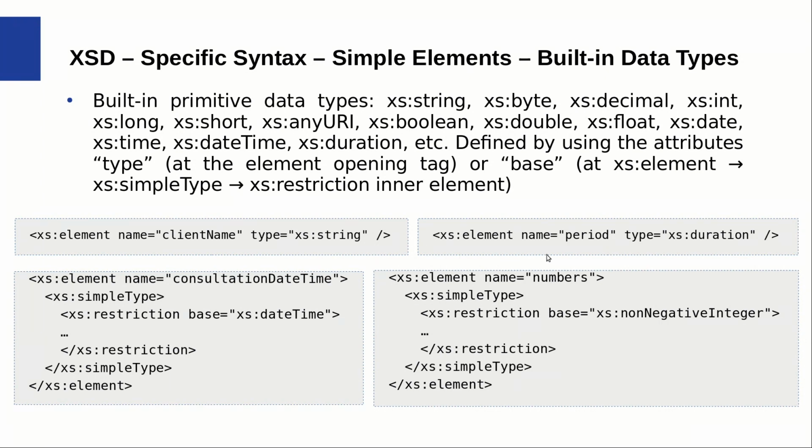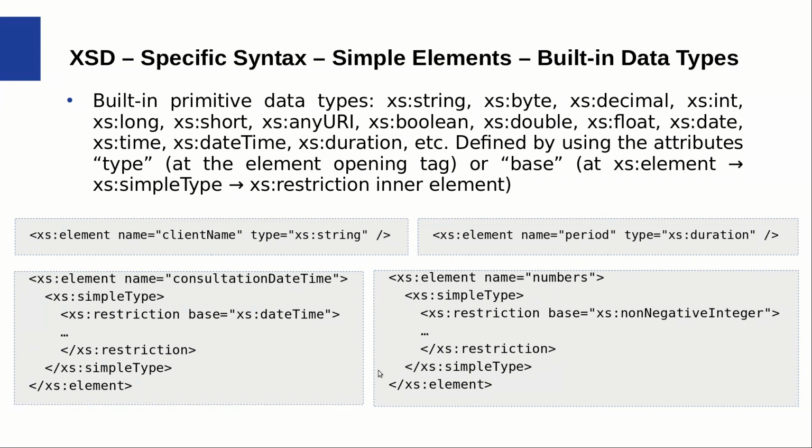In this next example, on the right side, we are declaring also in the simple inline form an element named period of the type xs:duration, and then we use the slash for closing the opening tag.